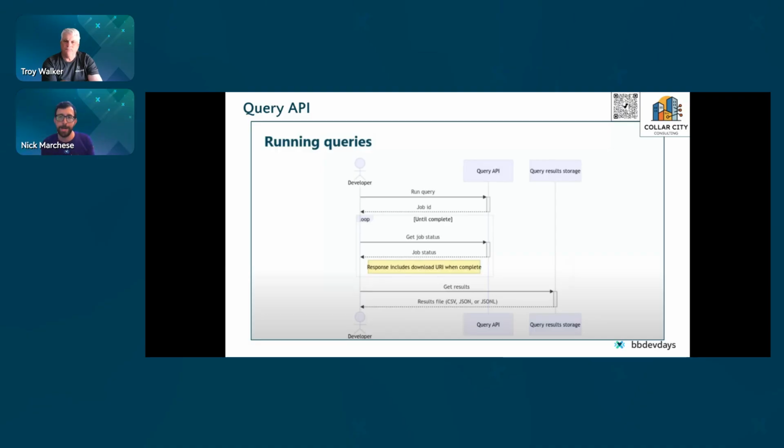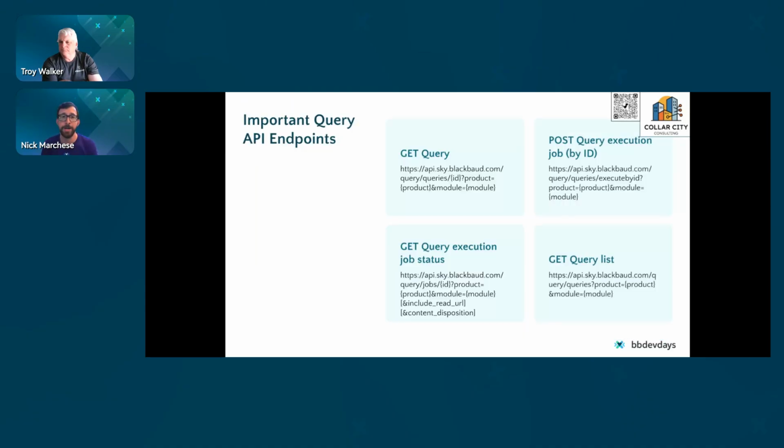So a query doesn't happen automatically. It's got to run through. For some of the things, it'll be right away. For some stuff, it'll take longer. And then once it's completed, you've got to get the URL to download the data, and then you could pull that data back as a JSON file.